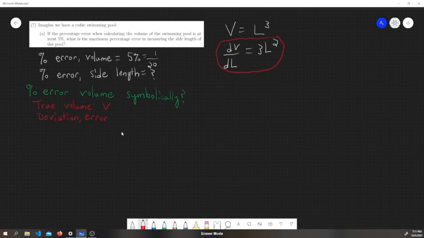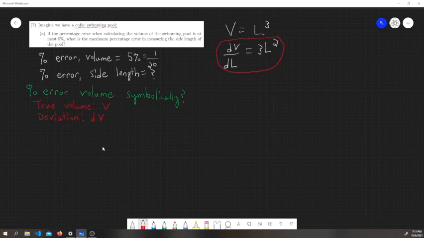Actually, no, because technically it's not the error. The deviation from our volume should be given by dV. Right, and that should make some sense. Our total volume is just going to be V. We know that the volume is equal to the side length cubed, and we have a cubic swimming pool.